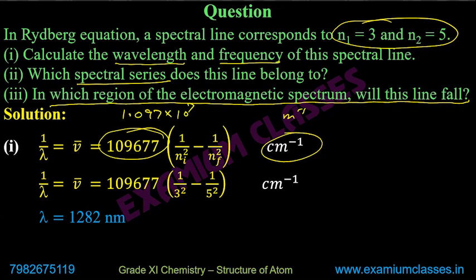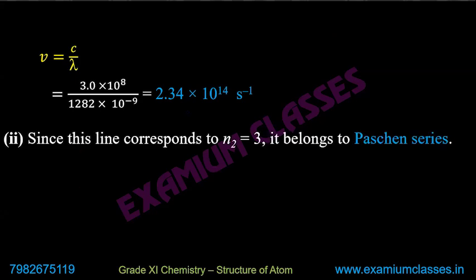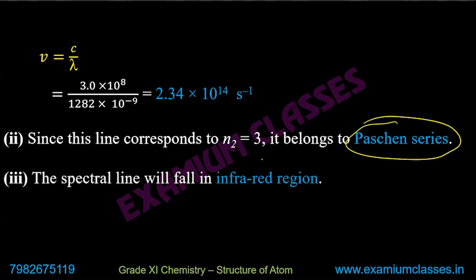So you calculated lambda, you calculated the frequency also. You said it is Paschen series, and Paschen series is in the infrared region. Lyman series, ultraviolet region. Balmer series, visible region. All three others, Paschen, Brackett, Pfund, infrared.